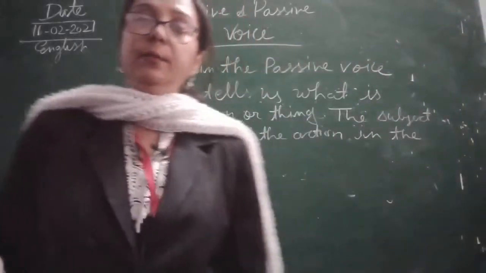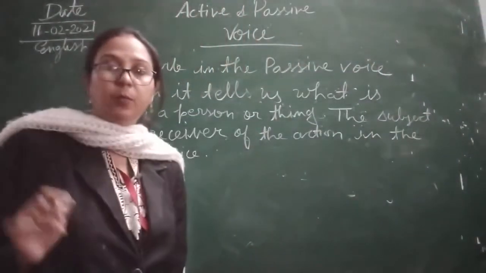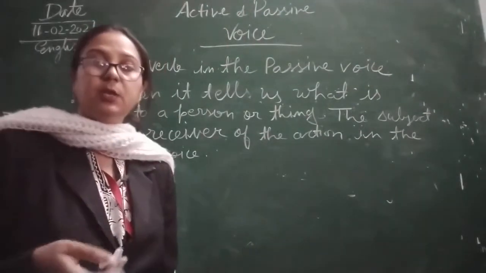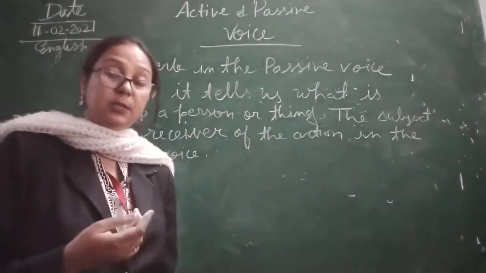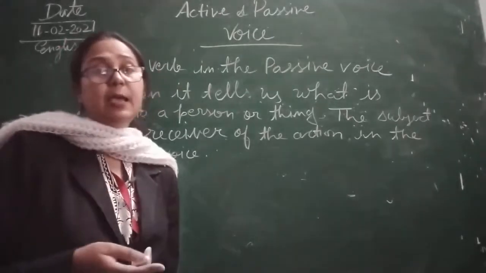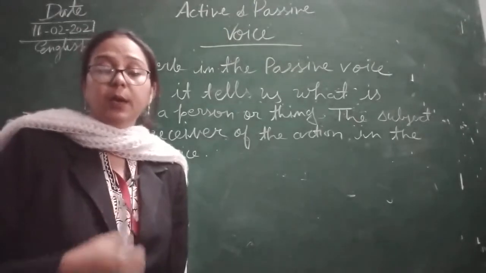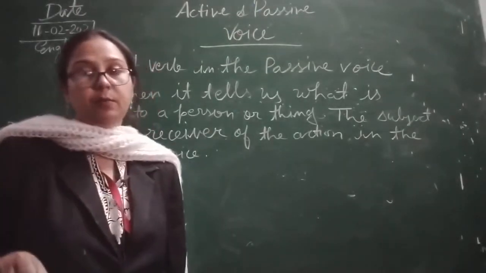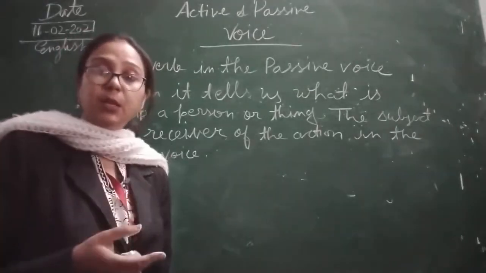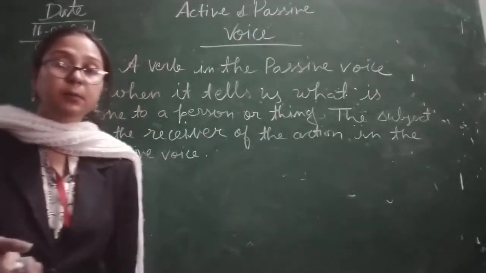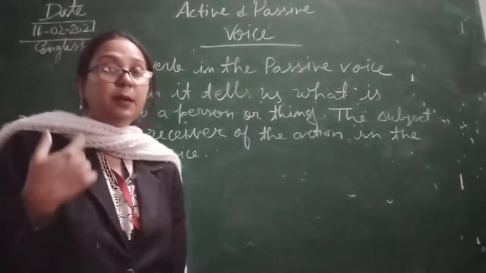Here we are following the zigzag formula as we have discussed in our earlier videos and classes, because this is the revision of active and passive voice. Again I am telling you, in this we are going to follow the zigzag form. The subject becomes the object and the object becomes the subject. Now the doer becomes the receiver and the receiver becomes the doer.